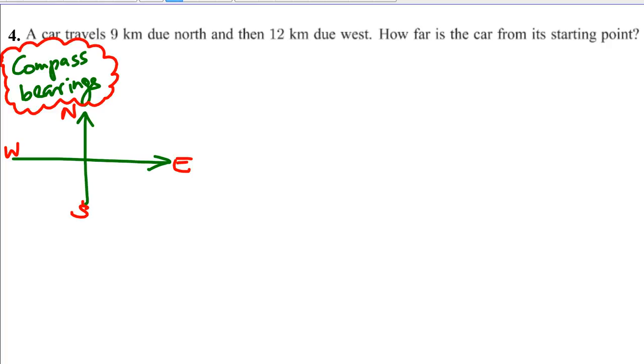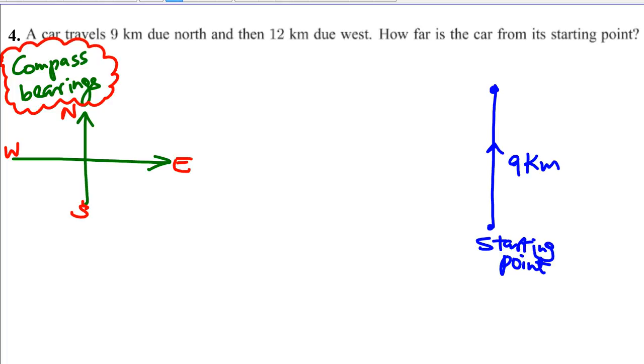Now, in our case here, we have a car which starts at some point. So suppose it starts here, the starting point, and then it travels 9 kilometers due north. So 9 kilometers, and then 12 kilometers due west. So 12 kilometers, that will be 90 degrees. How far is the car from its starting point?